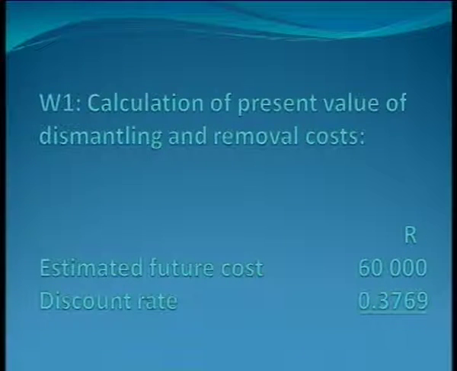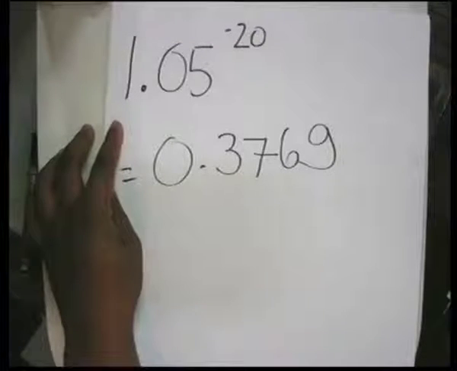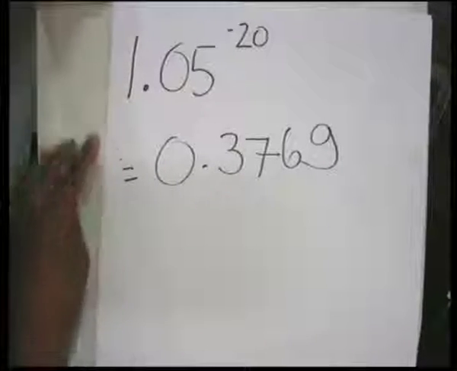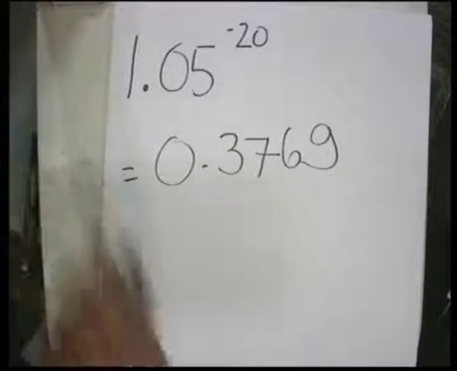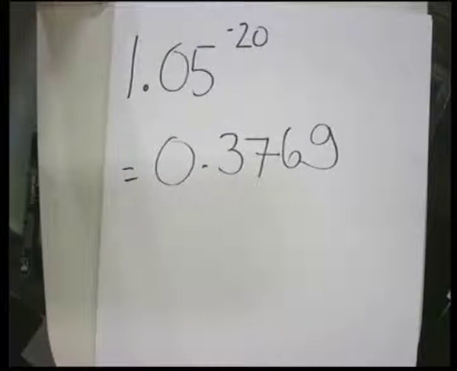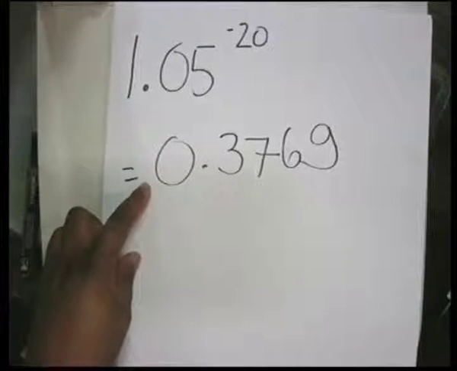Let's have a look at how we calculated our present value of dismantling and removing cost. To calculate it, we said our estimated future cost for dismantling is 60,000. What is the discount rate? Please see how we have calculated the 0.376. We said 1.05, which is your interest rate, to the power of 20, as the building has a useful life of 20 years, will give you 0.3769.